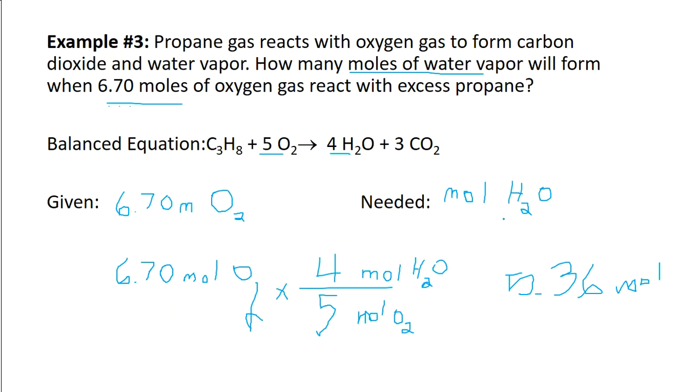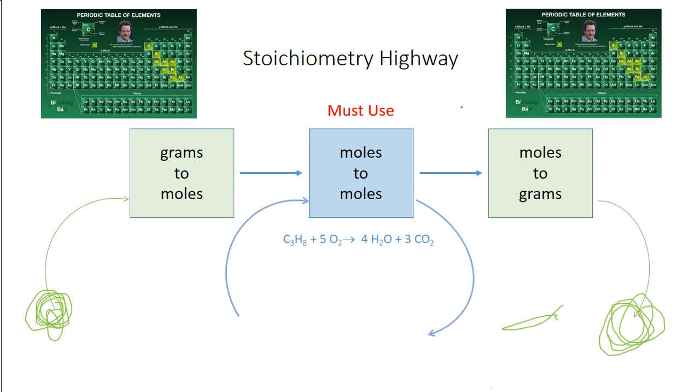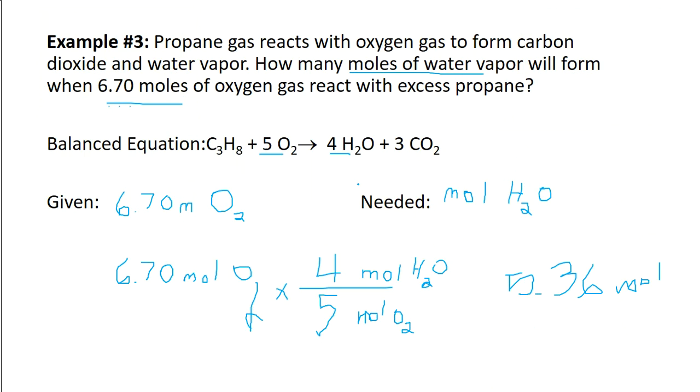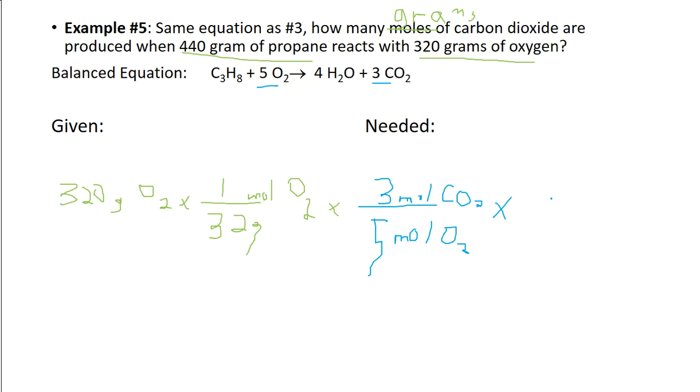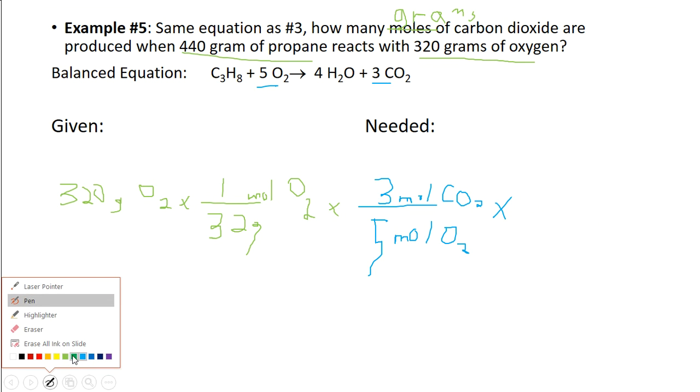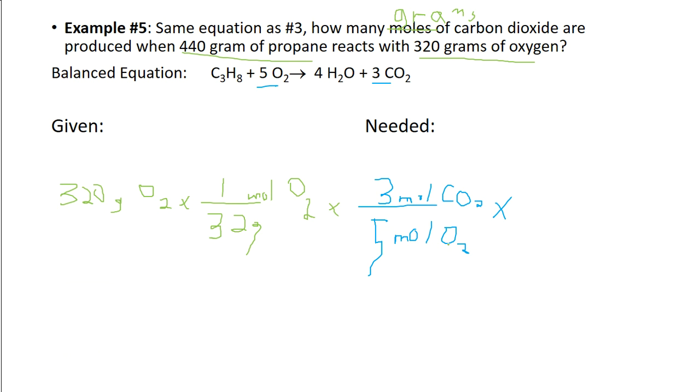And then we need to do one more. If we look back at our highway, we've done grams to moles, we've done mole to mole, and we're now on this one. So we're going to need the periodic table again. We have to go from moles of carbon dioxide to grams of carbon dioxide.